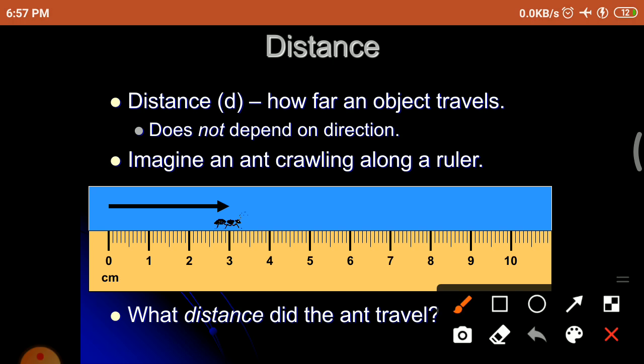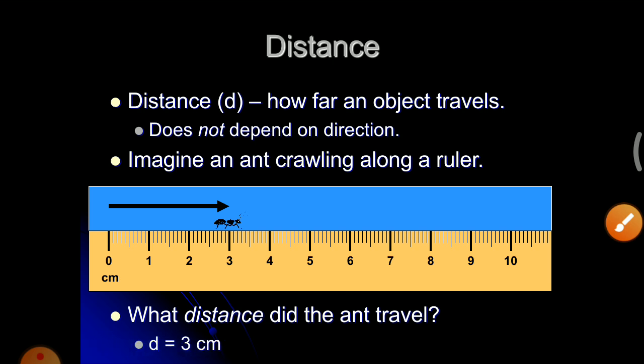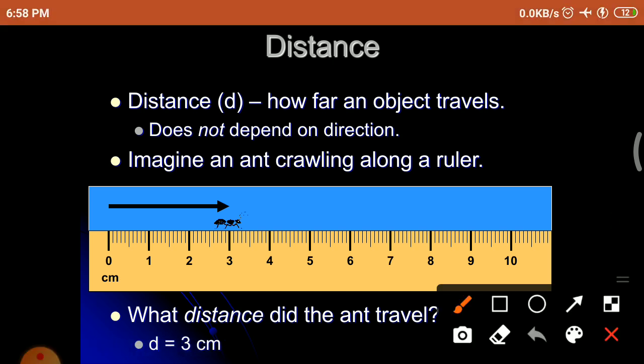This is the initial position and this is the final position. So the ant traveled 3 centimeters. So d equals 3 centimeters. The distance is nothing but how far an object travels. Here the ant travels only 3 centimeters.